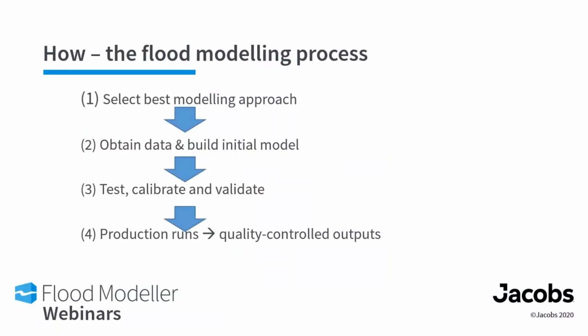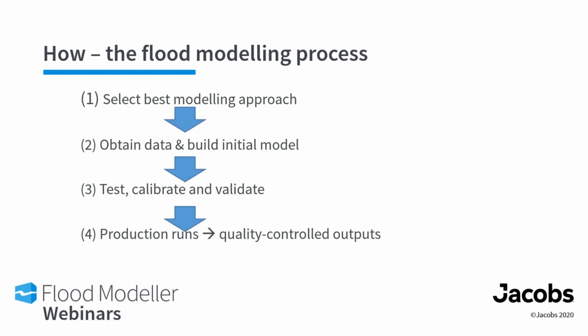So that's some of the terminology: 1D, 2D, linked 1D-2D, and I want to say a little bit about the process of flood modelling. I've simplified it down to these 4 key steps. The first step is to work out, for the objectives of what you're trying to do, what is the best modelling approach.